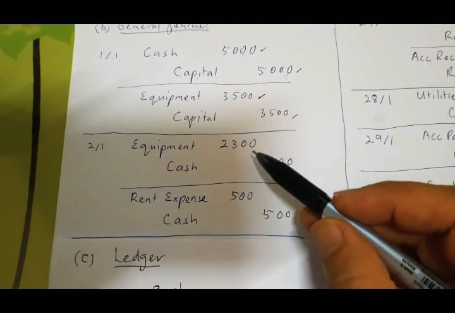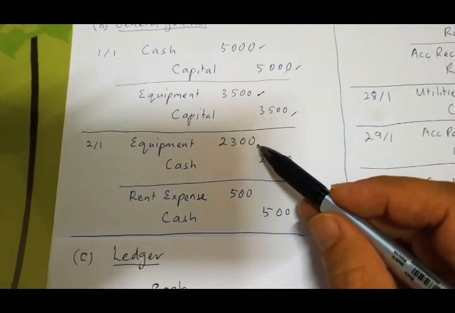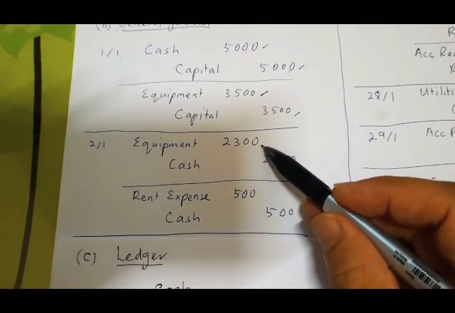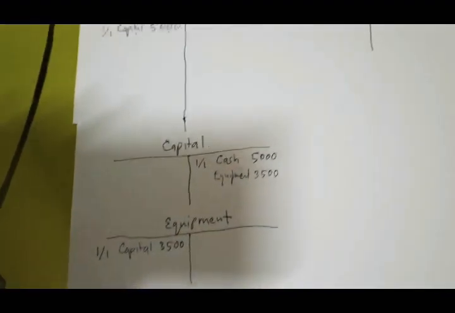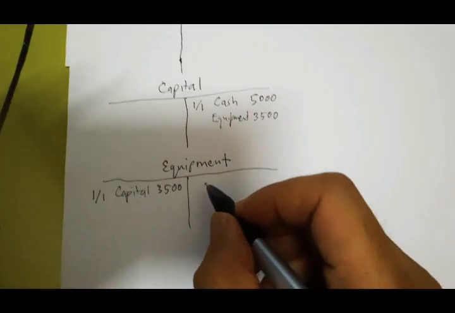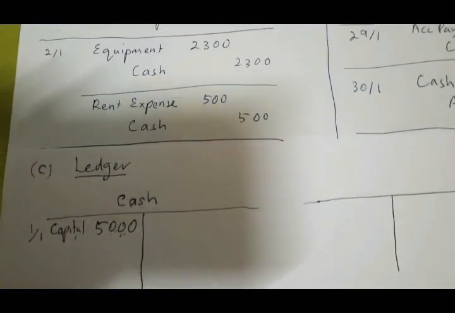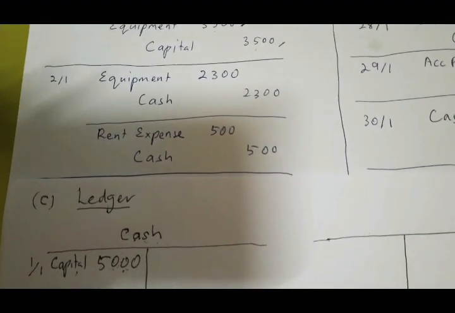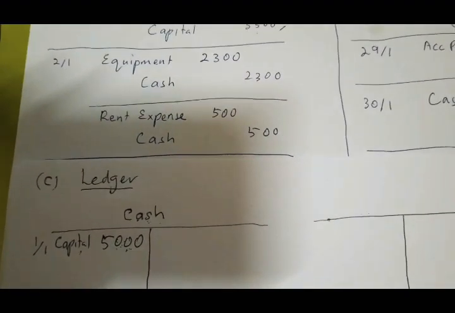So you know that you have to transfer this into the equipment account. So do we have an equipment account? Okay, we already have the equipment account. So the next thing is debit account equipment 2,300.